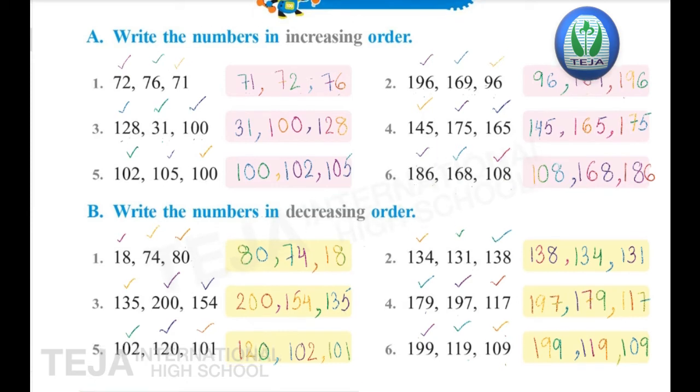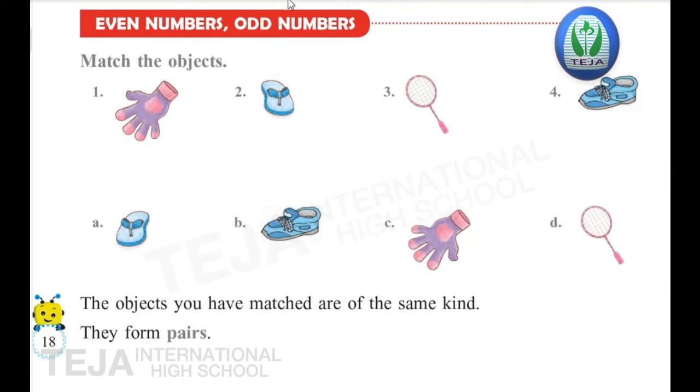Now we'll discuss about our numbers, children. We'll discuss even numbers and odd numbers. What are even numbers and odd numbers? Here the numbers from 0 to infinite are called whole numbers, and the numbers from 1 to infinite are called natural numbers. And even numbers means the numbers which are divisible by 2. For example, 2, 4, 6, 8, 10, 12 and so on are the even numbers.